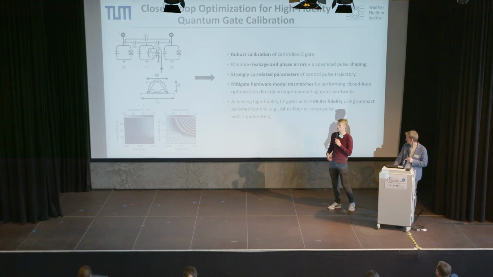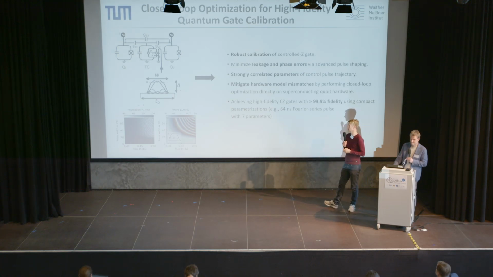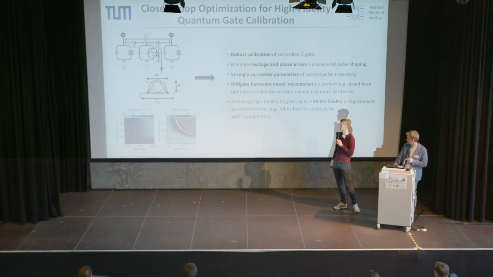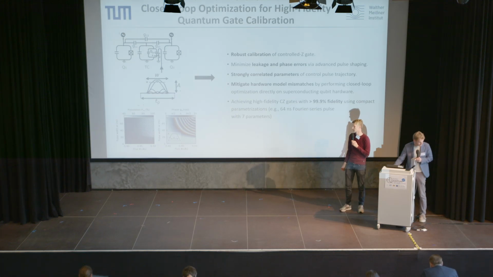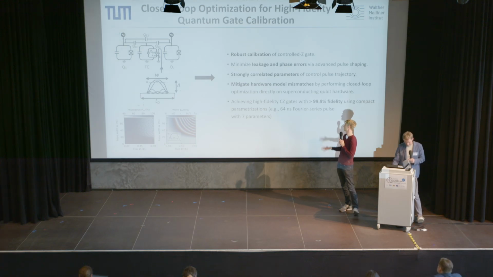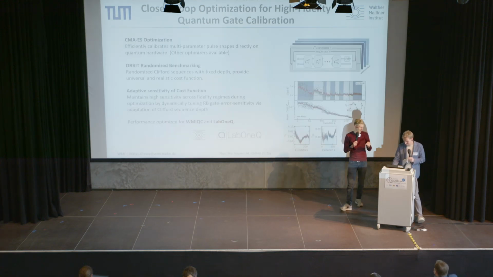Basically, what we looked at and figured out is a robust calibration routine which can optimize these highly correlated problems and also mitigate the hardware mismatches, achieving then high fidelity gates.